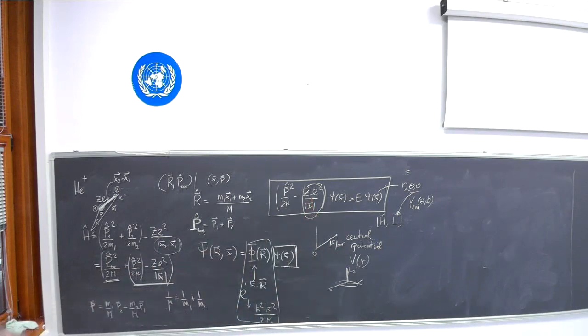I would not be able to solve the resulting one-dimensional problem for the radial coordinate exactly; I would need to do it numerically in general. But if the problem is 1 over r, I can do it analytically. Next time.